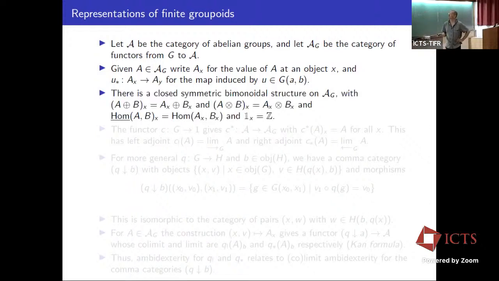Basic operations we can do: just do any operation you want pointwise. So for the direct sum of two objects, you just take a direct sum at each level. For the tensor product of two functors, you just take the tensor product at each point. And there's also an internal Hom.